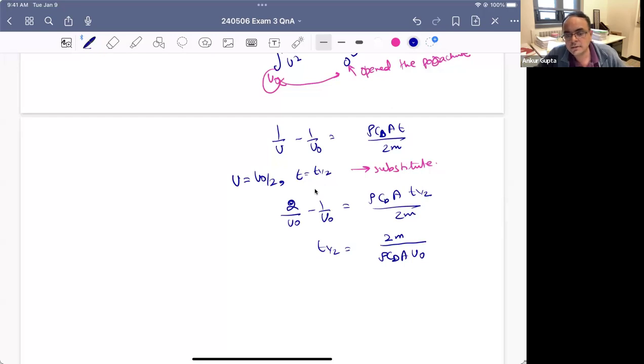You can always add it, but it will be so small that it would basically not matter, so you don't have to add it. Whatever the schematic is given, just use that as a reference because you don't want to overcomplicate and overthink it. In reality, it should be both of them, but the simplest way to think about it is that the parachute effectively encapsulates the person as well.